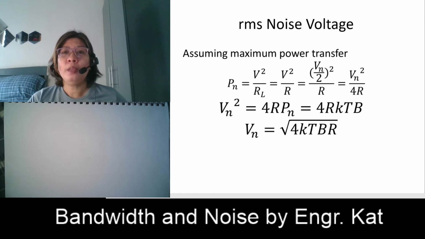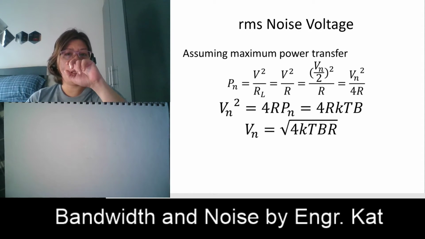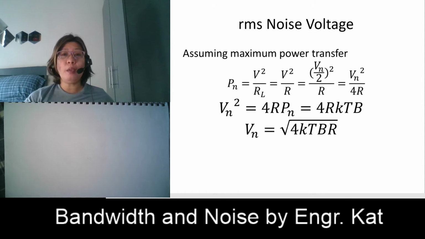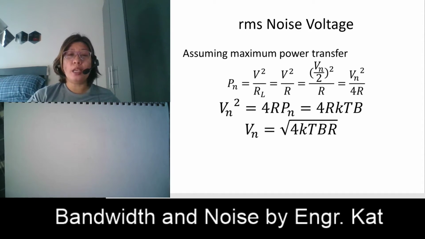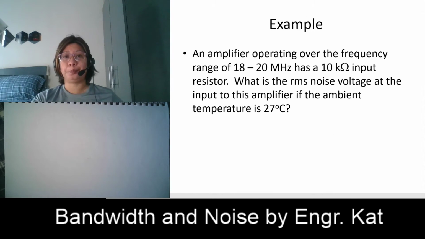Then getting the square root of both sides, that will give you the square root of 4kTB times R. So your power formula here, which is kTB, you just add 4 and R. R is your resistance, noise resistance. So, to solve for the noise voltage. Okay, so noise also has its own voltage value.